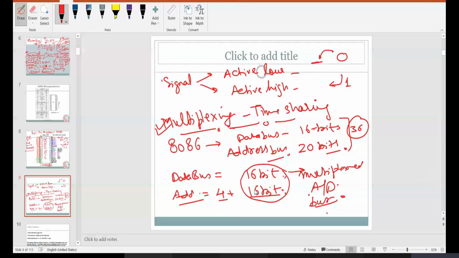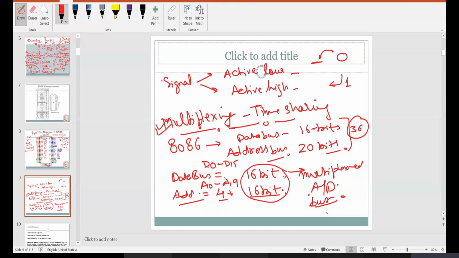Now, how the nomenclature works: the data bus is denoted by D and the address bus is denoted by A. The first bit of the data bus is D0 and the last bit is D15. In the address bus, A0 to A19.